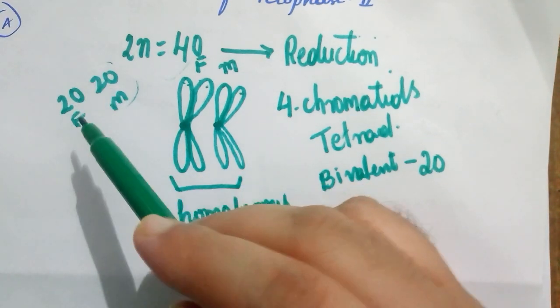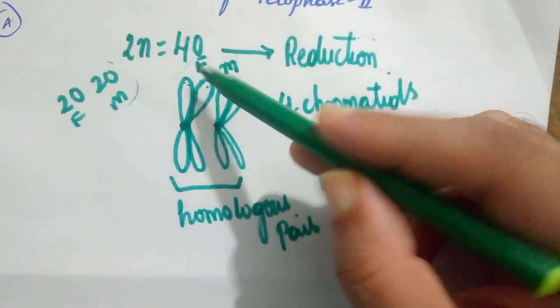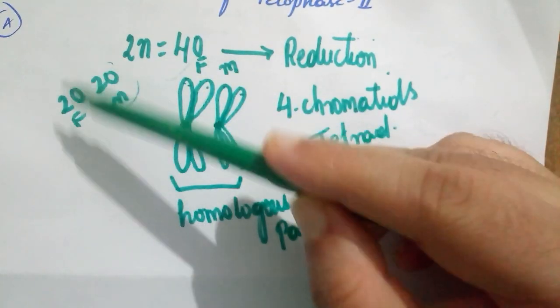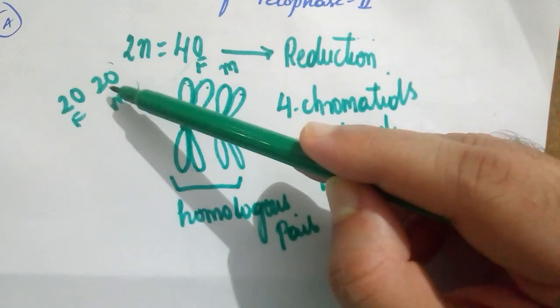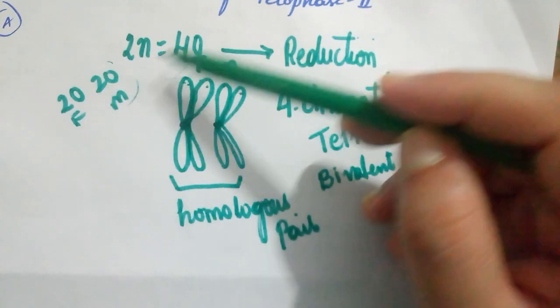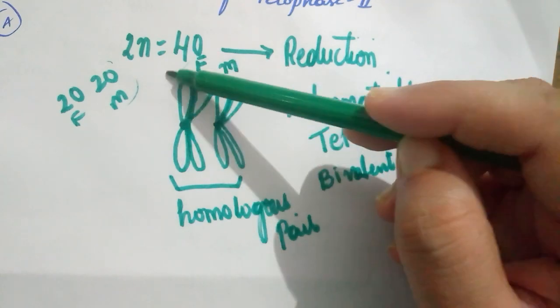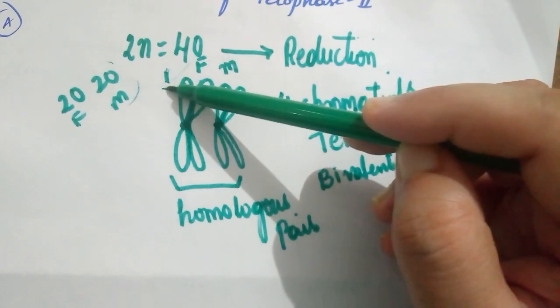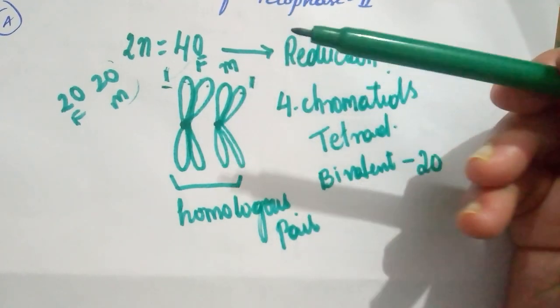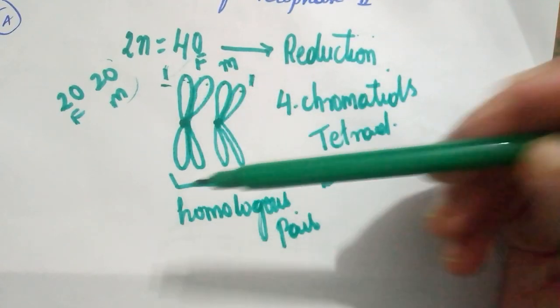And these 20 chromosomes that are coming from the father will have their homologous pair in the 20 chromosomes that are coming from the mother. Together they are 40. Let us take, this is the first chromosome, the first chromosome is having a homologue here, like that. The second, third, fourth, fifth, like that.